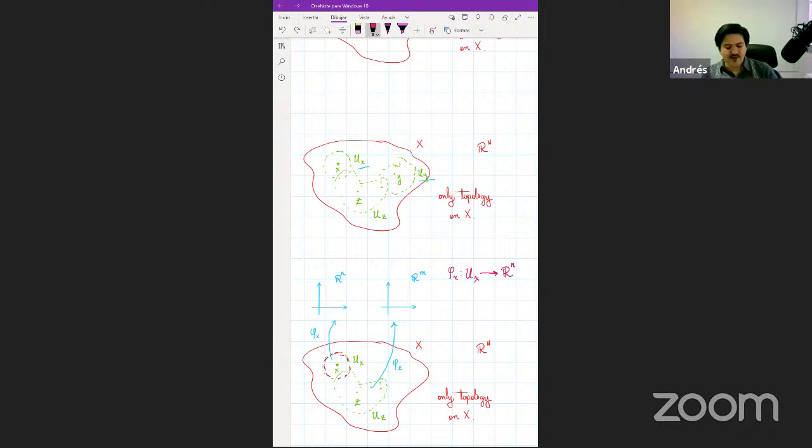We are going to require the function phi of X to be a homeomorphism to an open set, okay? Because we have topology. So this is what we're going to require of this function.